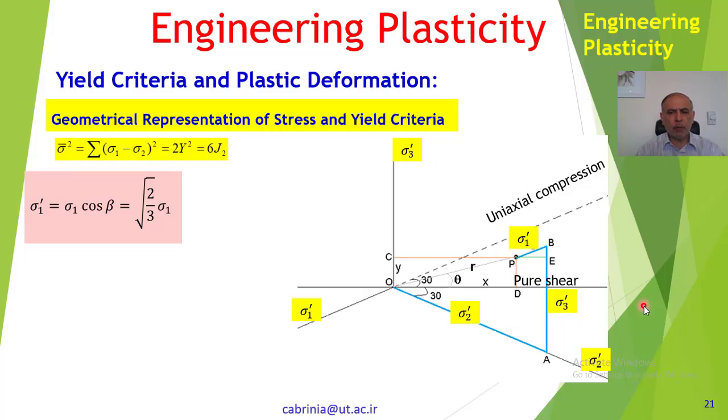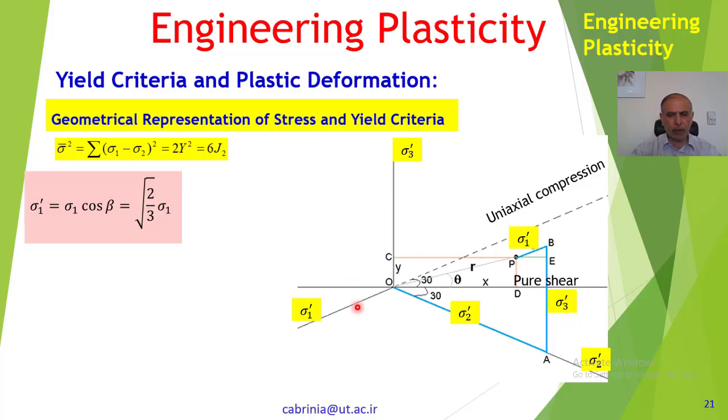Well, we have been talking about yield criteria for some time, and here, as you can see, this is the deviatoric plane. Sigma 1 prime, sigma 2 prime, and sigma 3 prime are the three stress axes on the deviatoric plane.